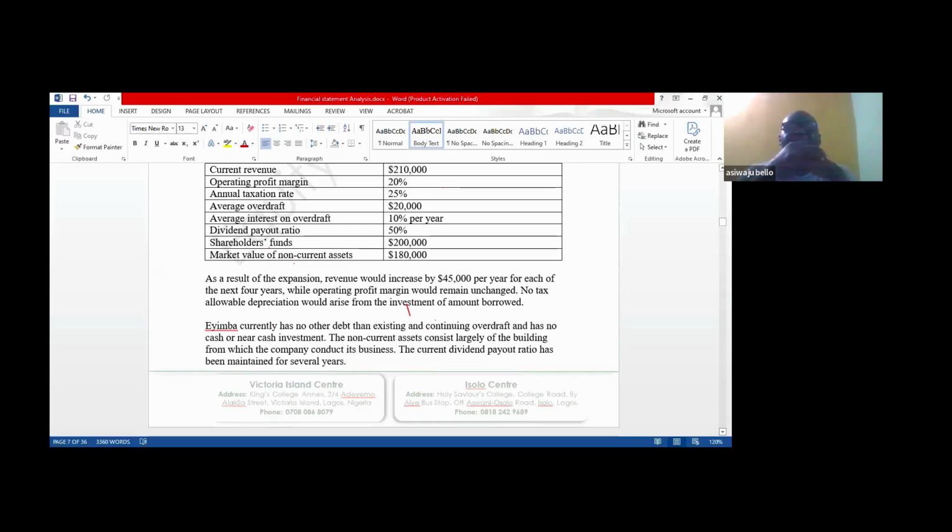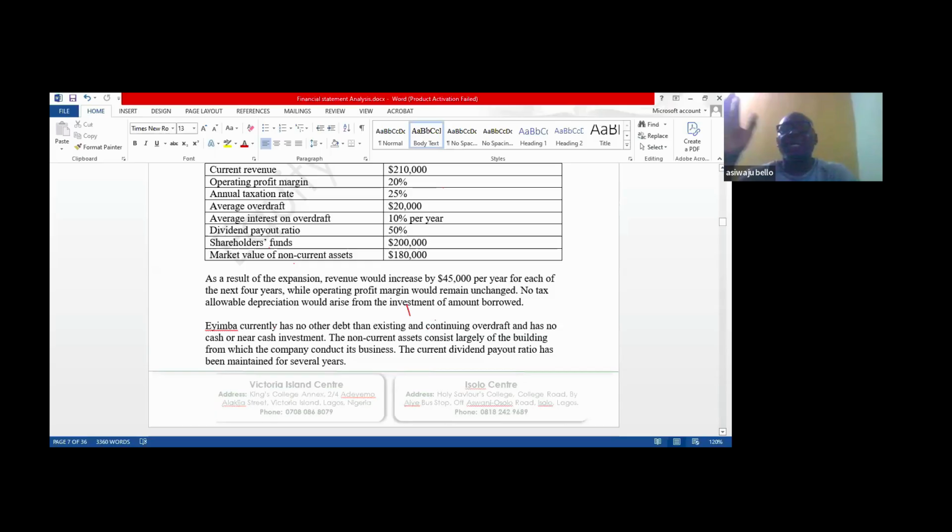Eyimba Limited currently has no other debt than existing and continuing overdraft, and has no cash or near cash investment.